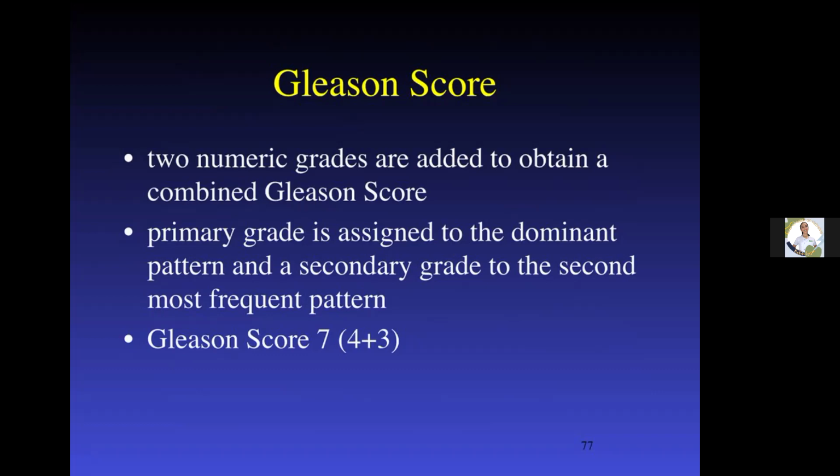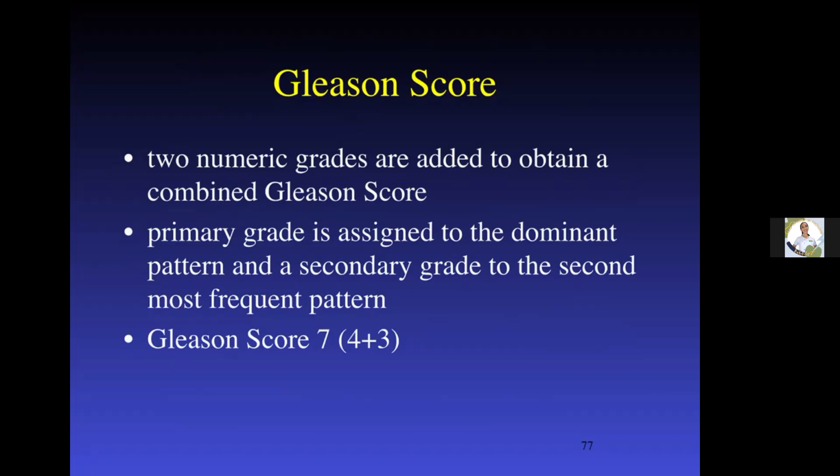But if your Gleason score is 7, but it is 3 plus 4, meaning the dominant is grade 3, and the secondary dominant is 4. So score 7 can be 4 plus 3 or 3 plus 4. The latest recommendation, the lowest grade that you can give to adenocarcinoma of the prostate is 3.